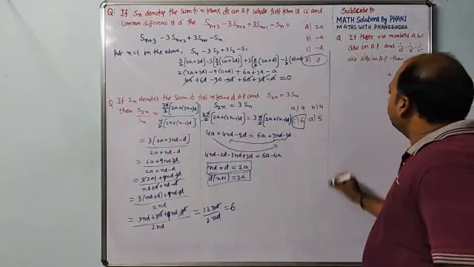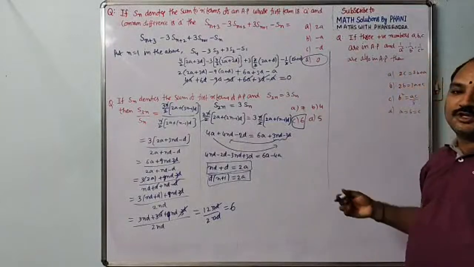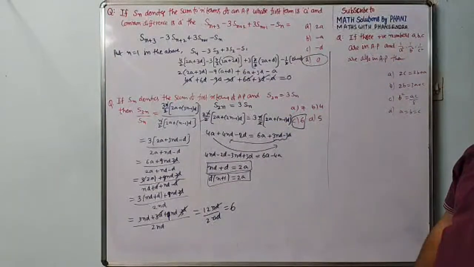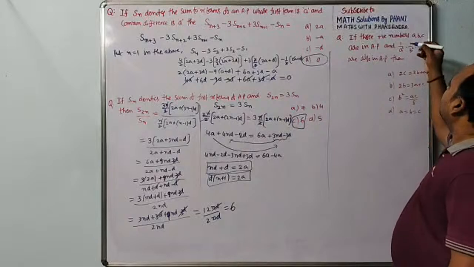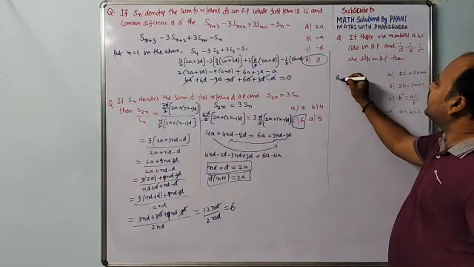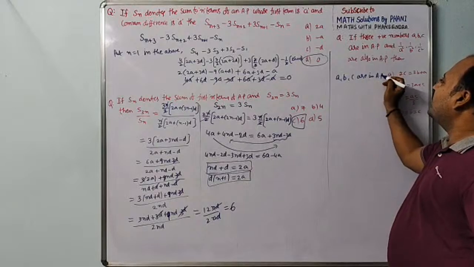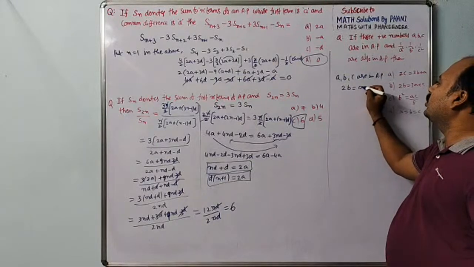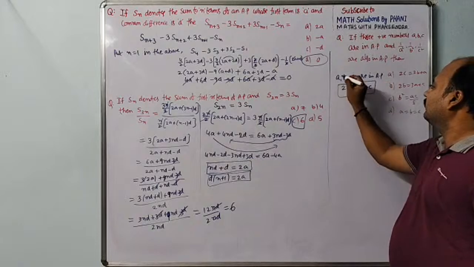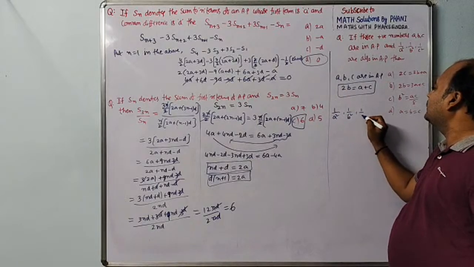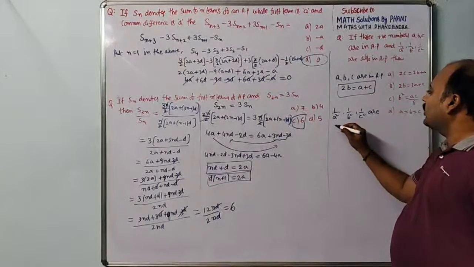Now come to the last question in this session. If three positive numbers a, b, c are in arithmetic progression, and 1 by a square, 1 by b square, 1 by c square are also in AP. So first, a, b, c are in AP. So what is the condition? 2b equal to a plus c. Next, 1 by a square, 1 by b square, 1 by c square are also in AP.